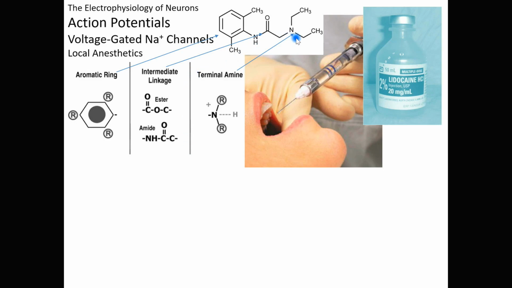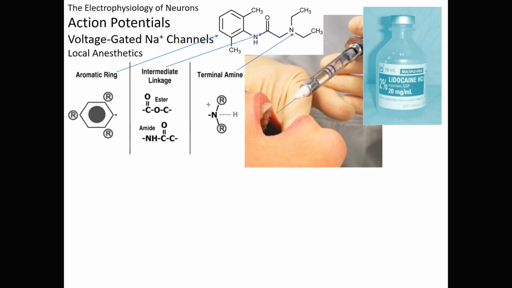So here you see that here. There's my terminal amine. And they all have either an ester or an amide linkage that joins the aromatic ring to the terminal amine. And here you can see in lidocaine, we have our amide linkage. So that is the structure of every single local anesthetic.